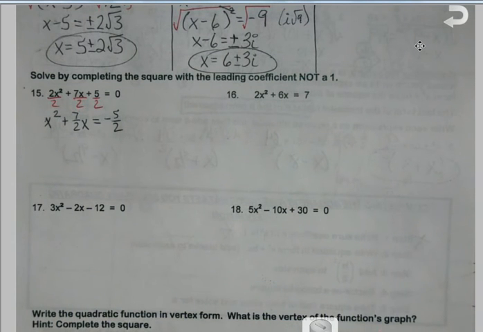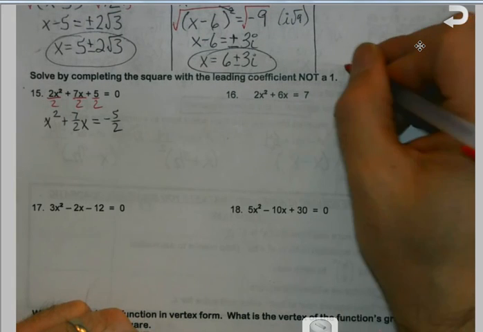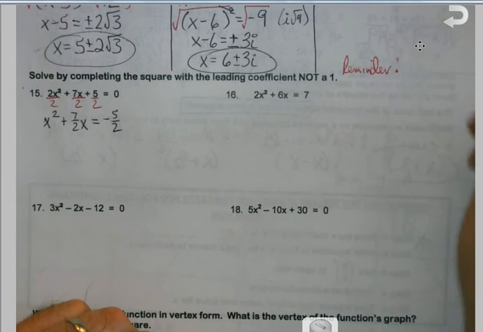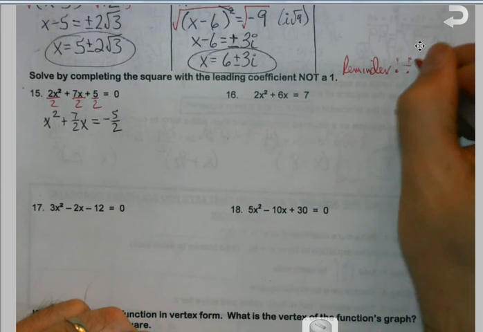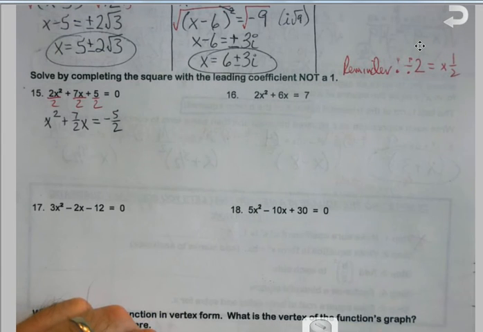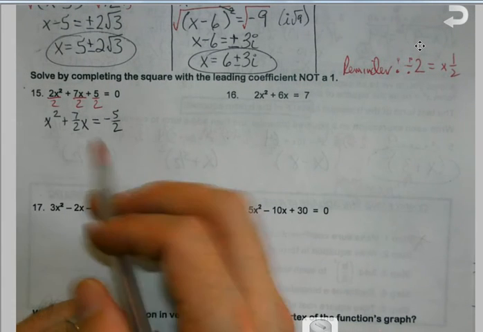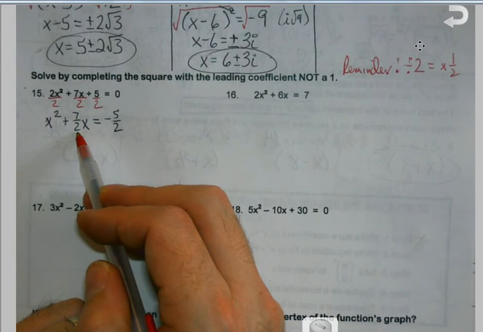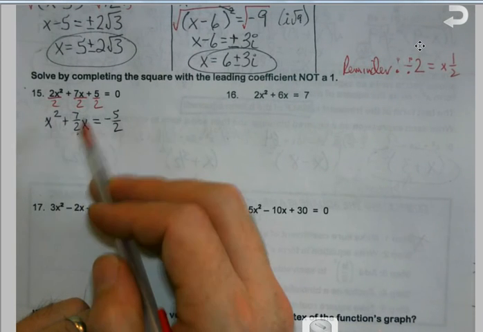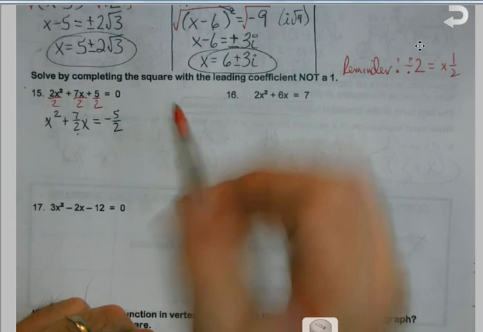All right, reminder times. Especially when it gets to be fractions here. Reminder, dividing by 2 equals multiplying something by a half. So here, for instance, when my b value is 7/2 and I need to divide it by 2, it's just like multiplying by 1/2.